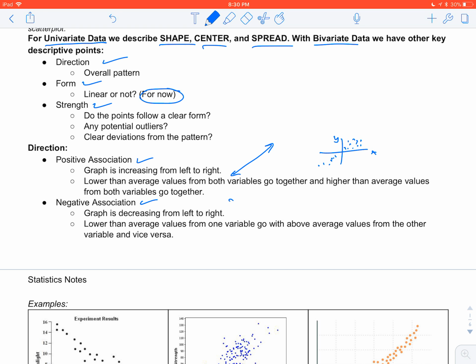Negative association goes the other way, in quotes. It goes down, or decreasing, left to right. Lower than average values from one variable go with above average values from the other variable, and vice versa. So this one looks like this. It has that decreasing look to it.